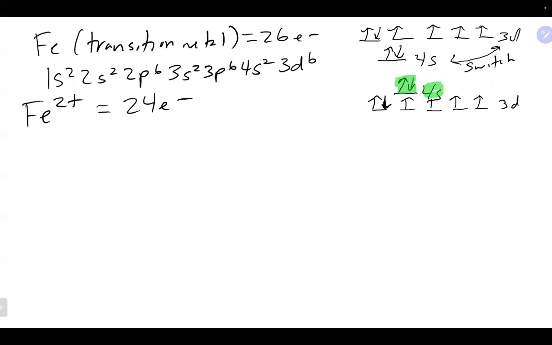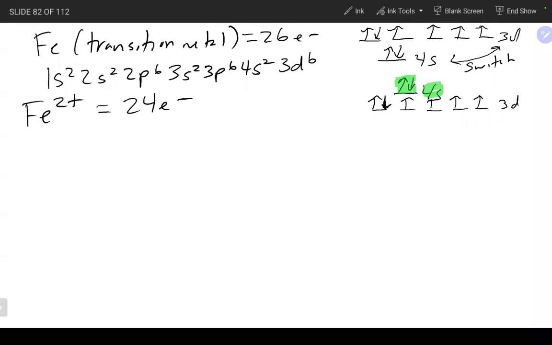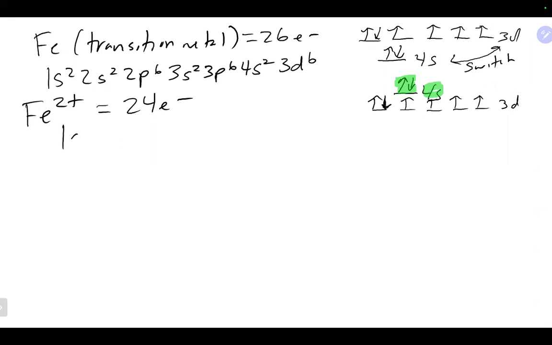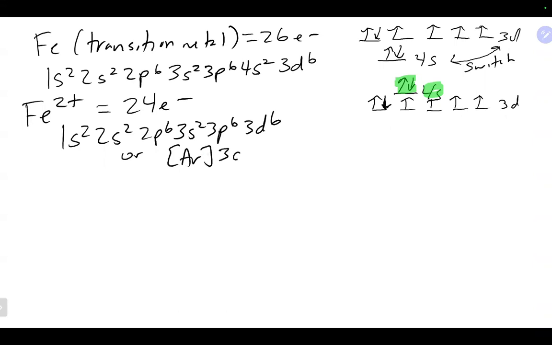And this happens only for transition metals, between group 2 and group 3 on the periodic table, which means the electron configuration for iron would be 1s2, 2s2, 2p6, 3s2, 3p6, 3d6, or argon 3d6.